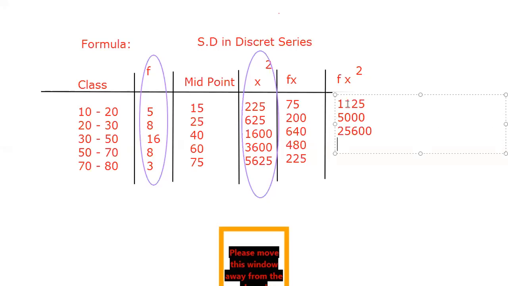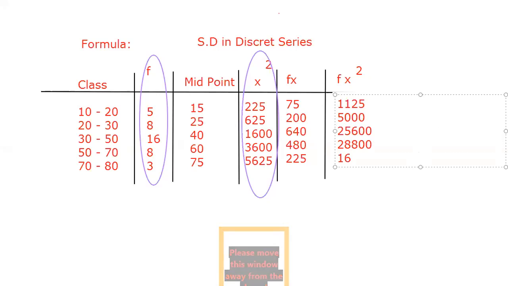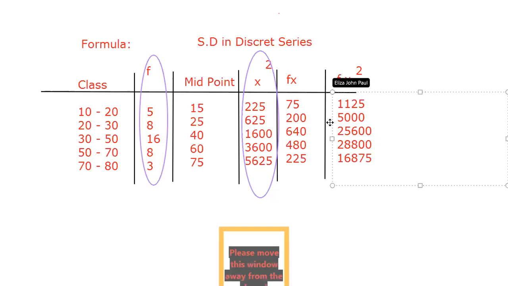Then 8 into 3,600, that is 28,800. Then 3 into 5,625, that is 16,875. So this is our sigma of x square value.